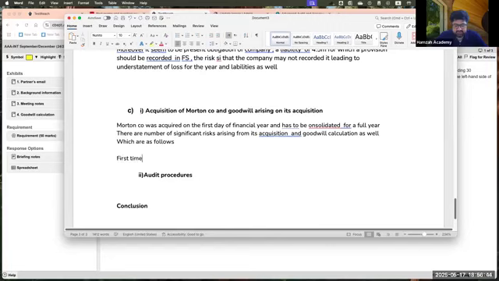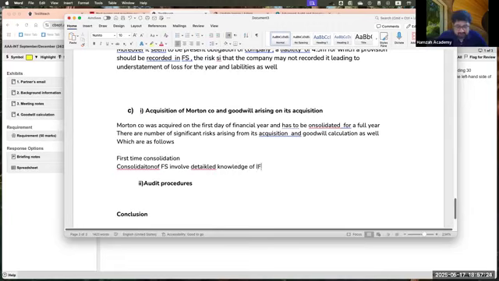First, first time consolidation. Consolidation of financial statements involves detailed knowledge of IFRSs which are relevant to it.